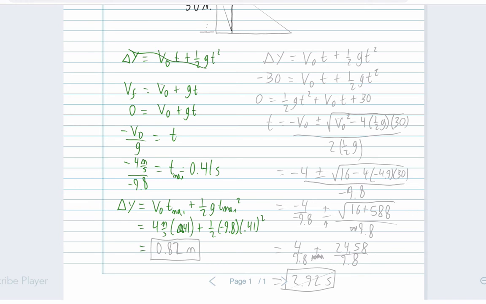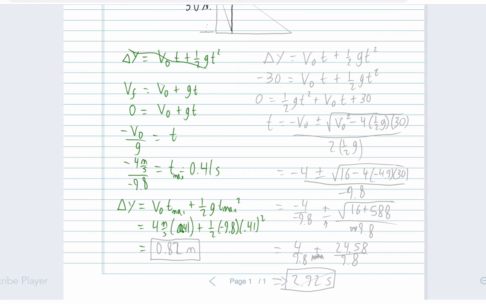So we plug that all in. Just give me a second to do this on Google search. So 4 times 0.41 and minus 4.9 times 0.41 squared.